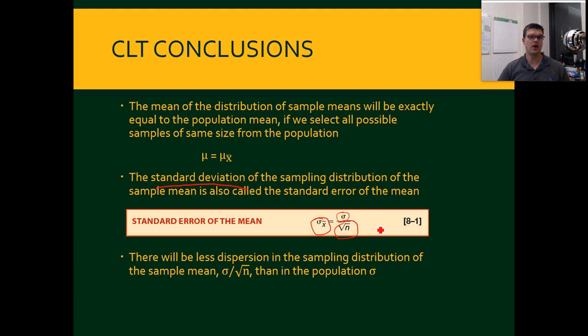Okay, so if you have 9 in the sample, and you have a standard deviation of, say, 18, then the standard error of the mean, or the standard deviation of the sampling distribution, is going to equal 2.